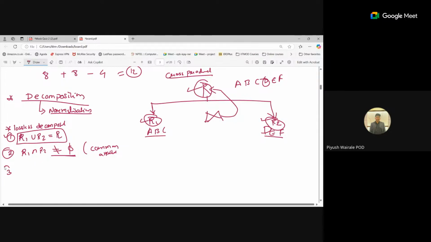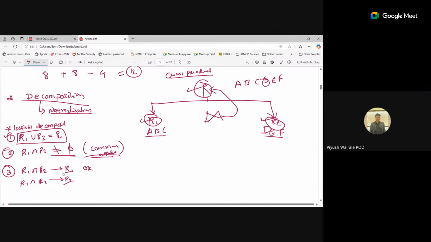What is the third condition? That common attribute must be a key in one of the tables. R1 intersection R2 should determine R1, or R1 intersection R2 should determine R2. It means the common attribute must be a key of either R1 or R2. Candidate key or just a key? Just a key.